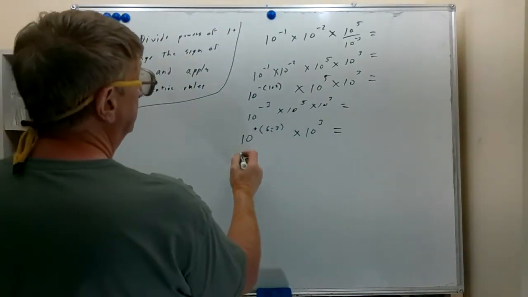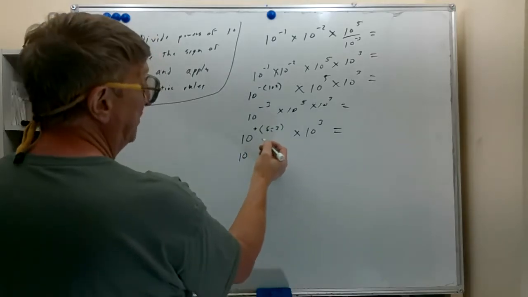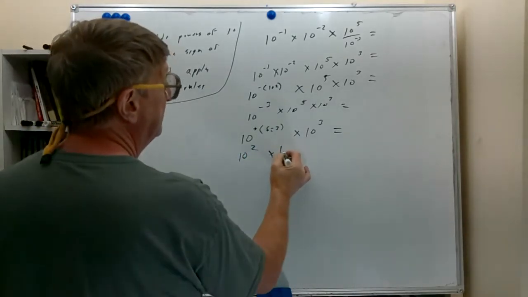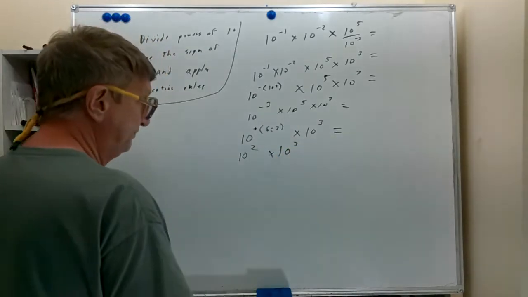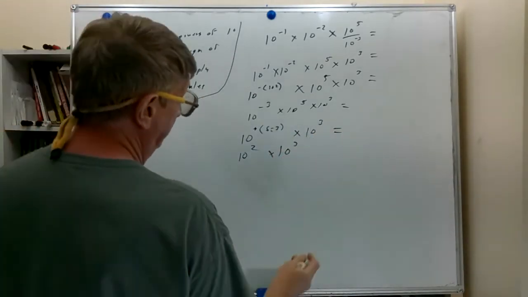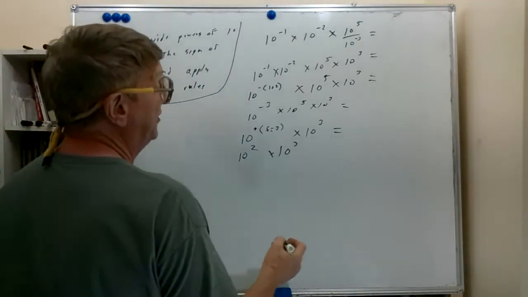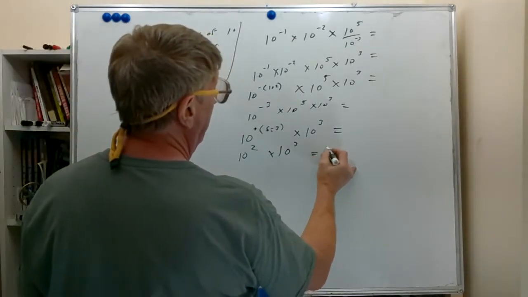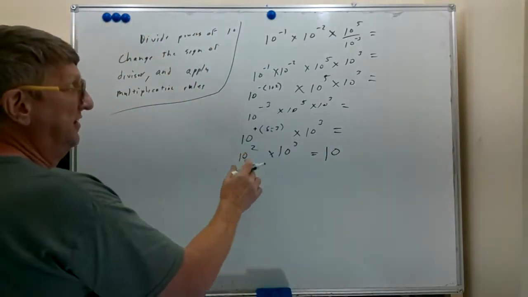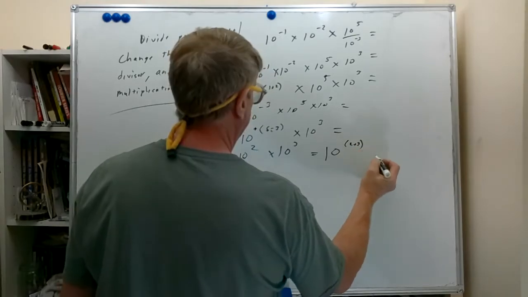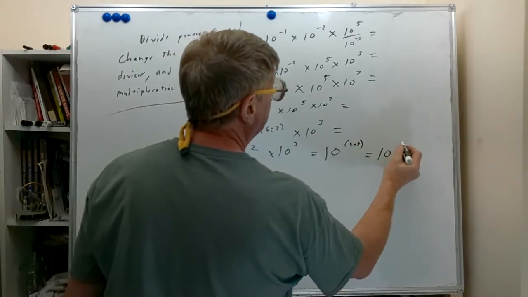Well, 10 to the positive, 5 minus 3 is 2, right? Times 10 to the 3rd. We got 1 left. Both positive, we add the exponents, and the job is done. Well, let's go ahead and do it. 10 to the 2 plus 3 equals 10 to the 5th.